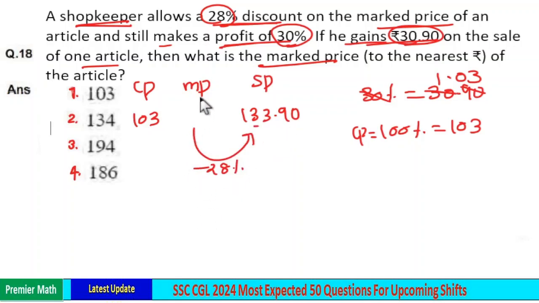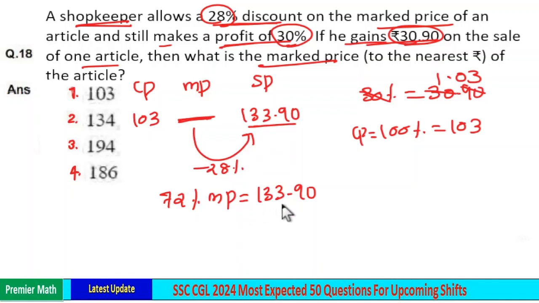If 100 rupees is the mark price, 100 minus 28 leads to the sell price. That is, 72% of the mark price is equal to 133.90 rupees.